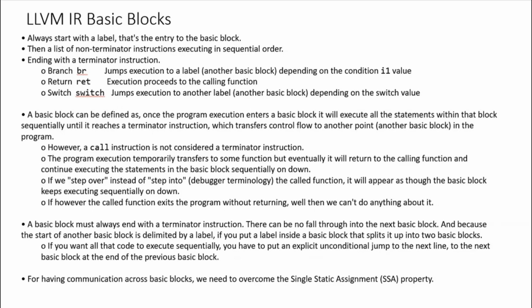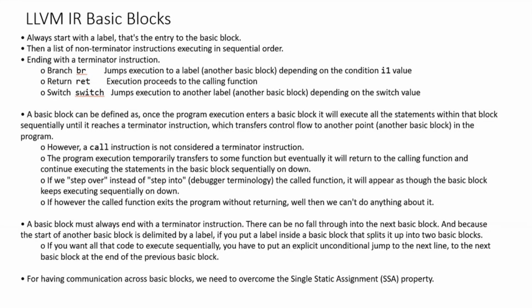So, about basic blocks, in more detail. What are basic blocks? A basic block is a list of sequentially executing instructions, starting with a label, which is the entry to the basic block. And then, after a list of those sequentially executing instructions, we end with a terminator instruction, which moves the control flow of the program to another basic block.